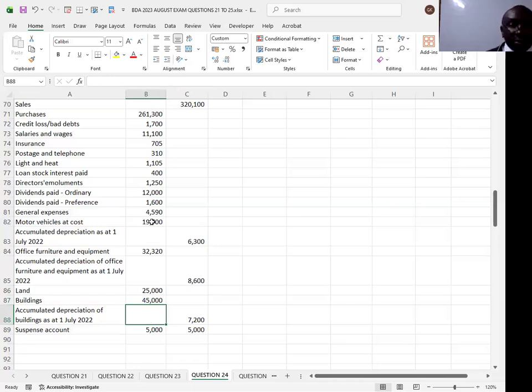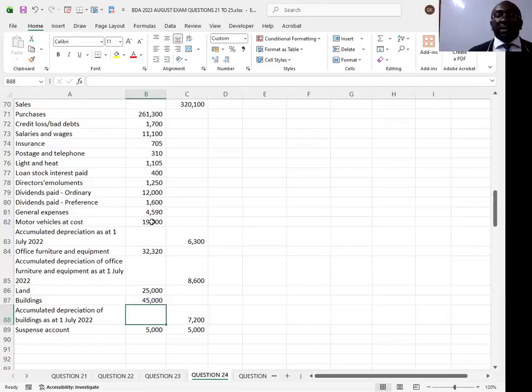Suspense account. Now, suspense account, you cannot tell where it belongs until you balance off, because a suspense account is put to make sure that the trial balance balances.